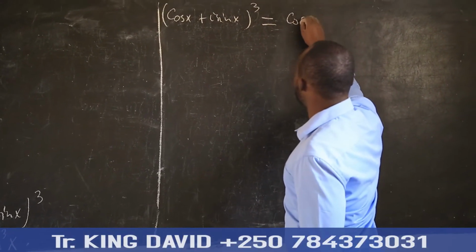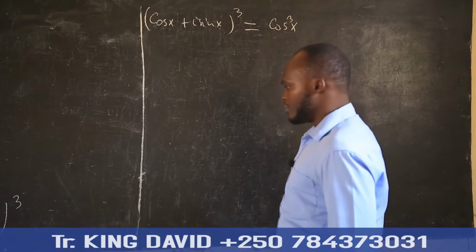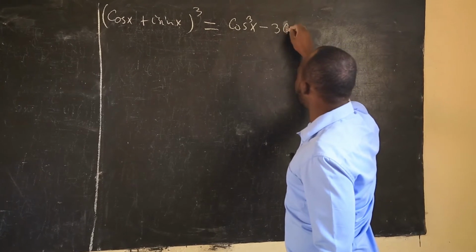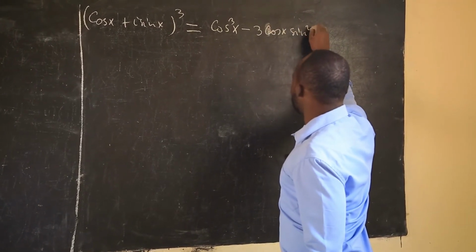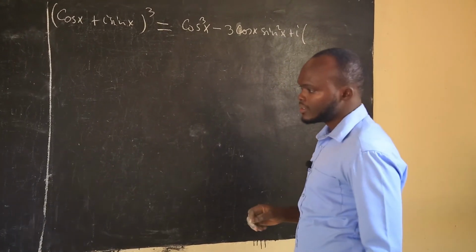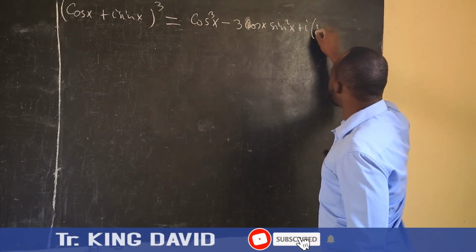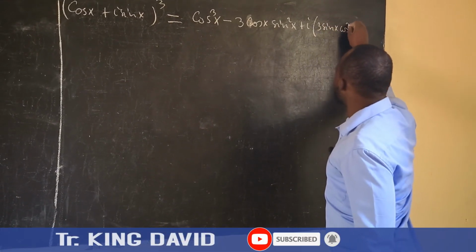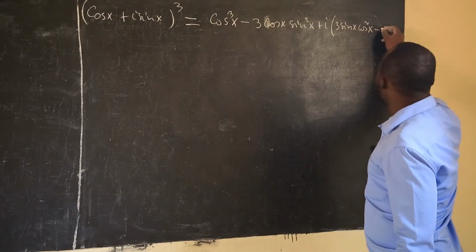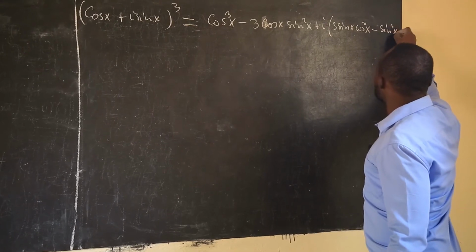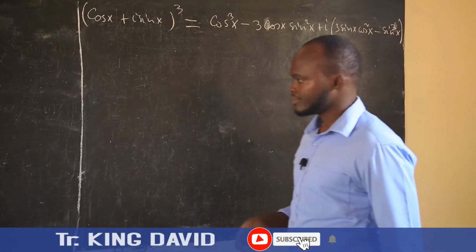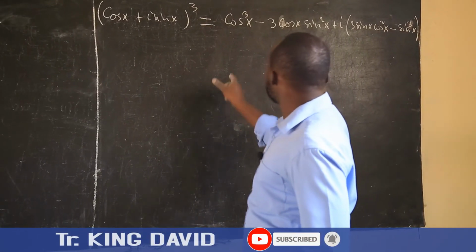That is cos power 3 x minus 3 cos x sin squared x, plus I times the bracket 3 sin x cos squared x minus sin power 3 x. This is the answer from binomial expansion.